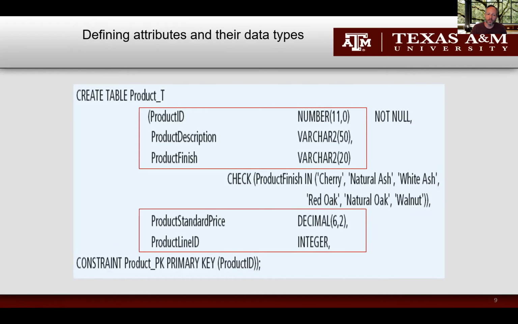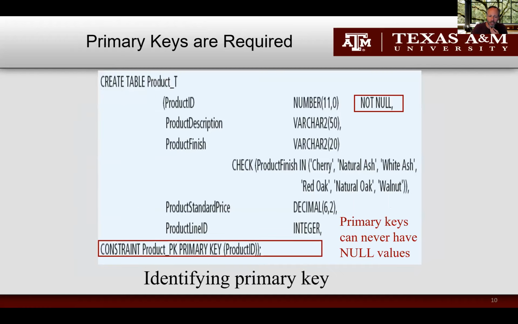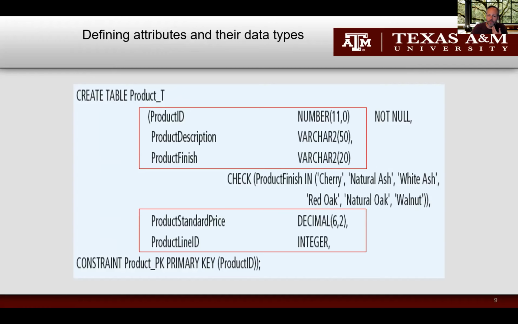Again, here's some other examples. We create the product table. There may be some additional defining of attributes and their various data types. So this is really interesting here where you have this check on the product finish attribute, and it specifically has to be either cherry, natural ash, white ash, red oak, natural oak, or walnut.